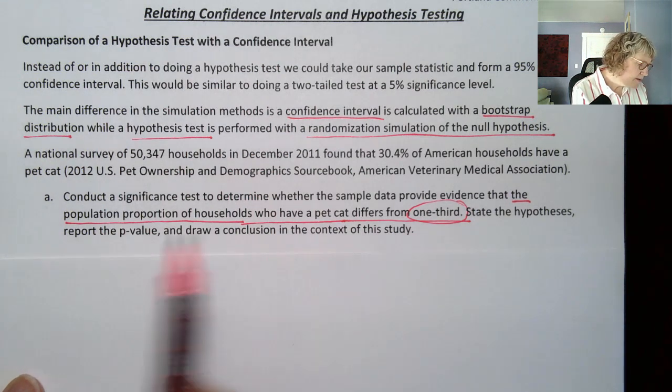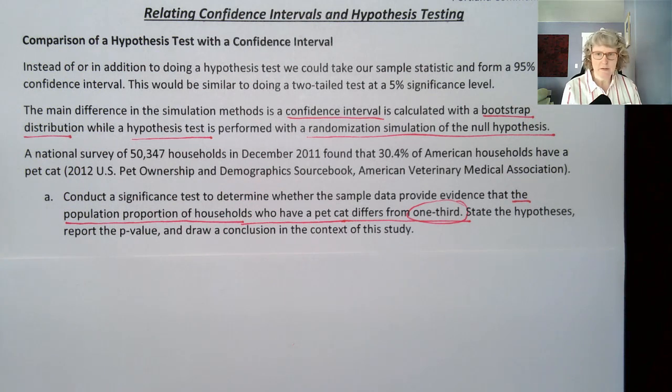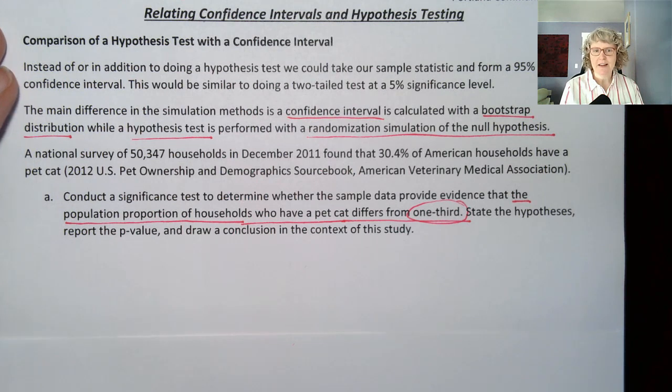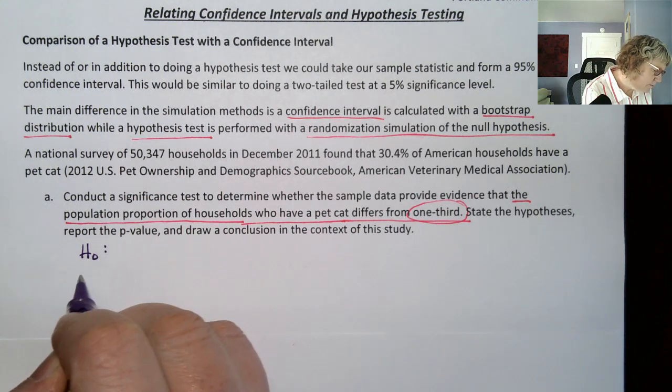We're going to state the hypotheses, report the p-value, and draw a conclusion in the context of this study. Okay, so let's do our significance test first, our hypothesis test first. And I've just got a blank sheet here. I don't have a distribution printed on here, so I'll do a little sketch when we get to that point. But let's write our hypotheses first.